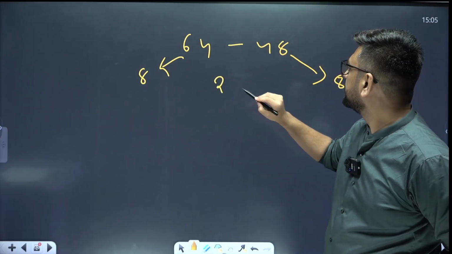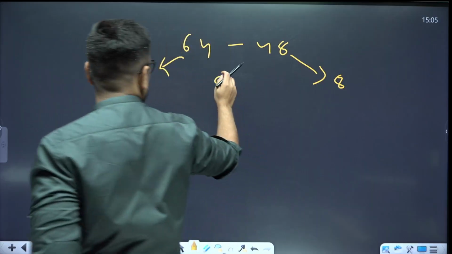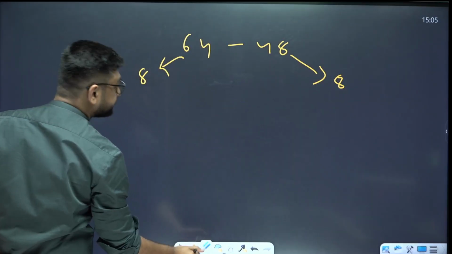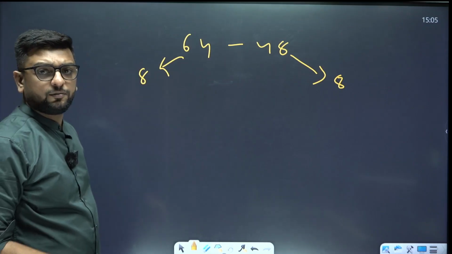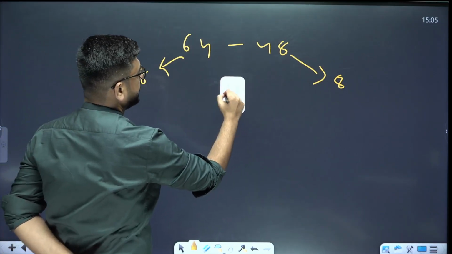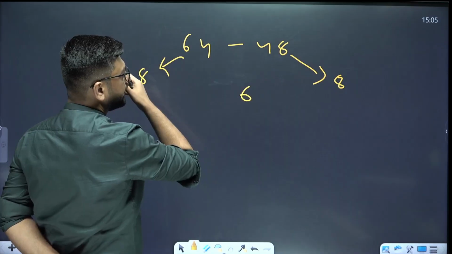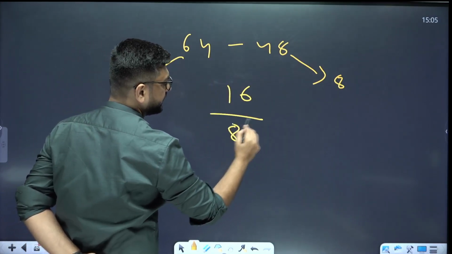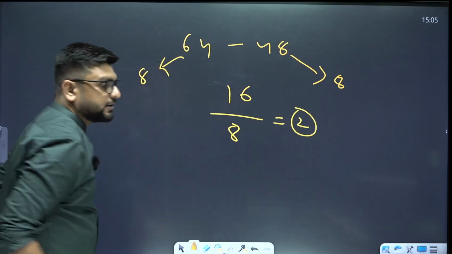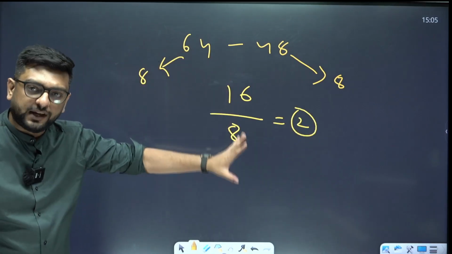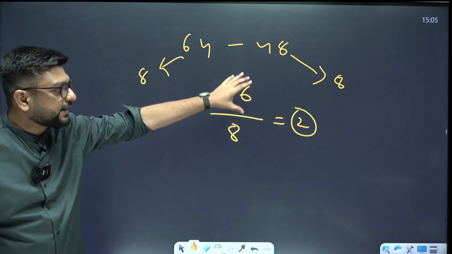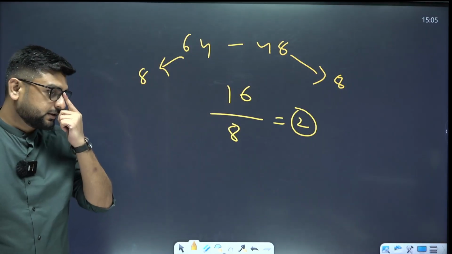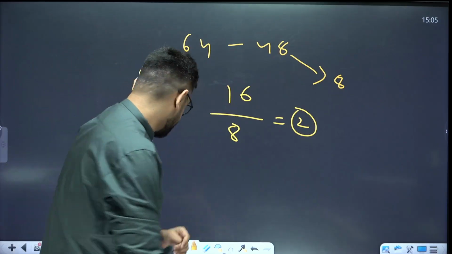This will come as 16. When I divide it by 8, it is exactly divisible. When there are two multiples of the same number and I subtract them, the subtraction is also divisible by that number. Clear? Any doubt in this?